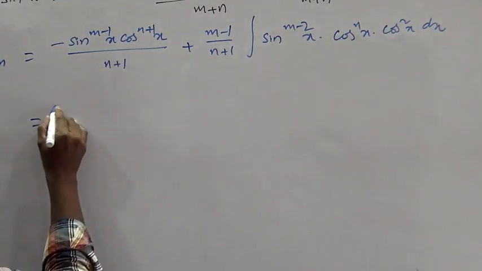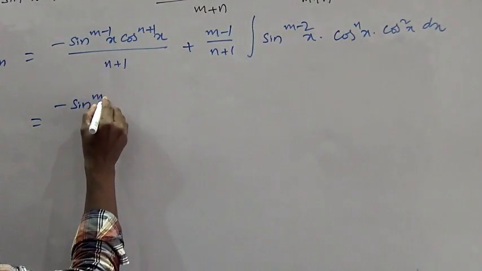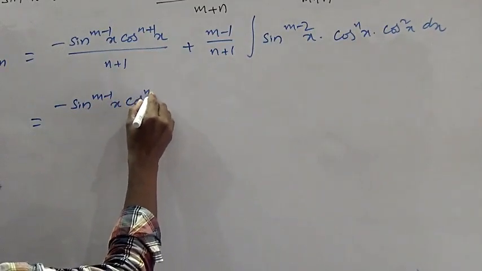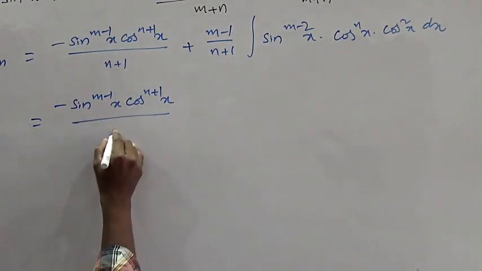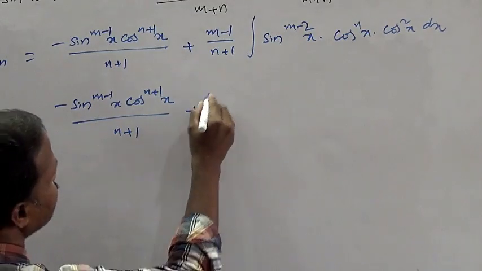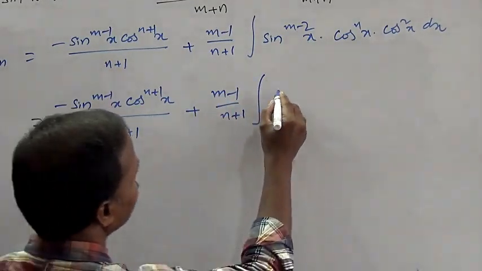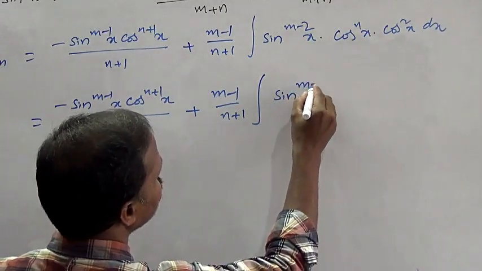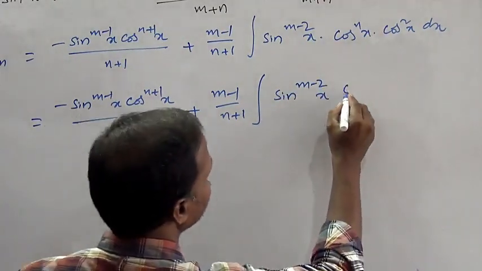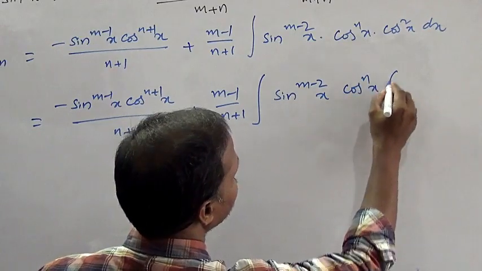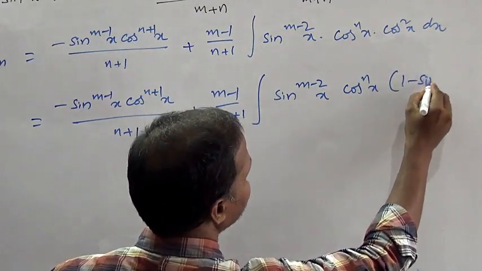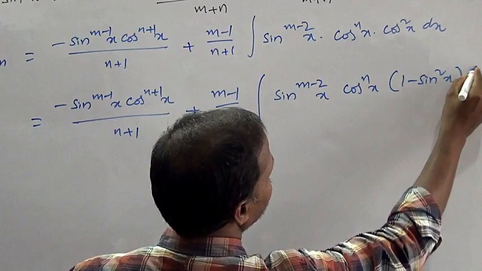So this is equal to minus sin^(m-1) x cos^(n+1) x by (n+1), plus (m-1) by (n+1) times the integral of sin^(m-2) x into cos^n x, this one (1 minus sin^2 x) into dx.